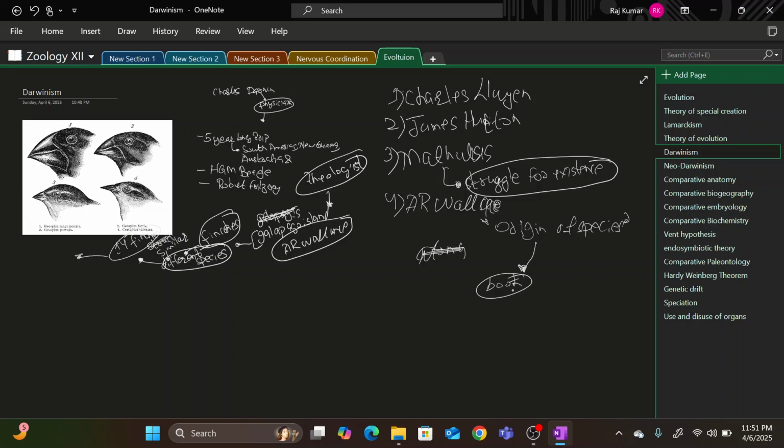Basically, A.R. Wallace miraculously had the same idea, the same theory of natural selection, as Darwin. But since Darwin was the one who submitted those theories, Darwin got the entire credit for the theory of natural selection and the theory of the origin of species.